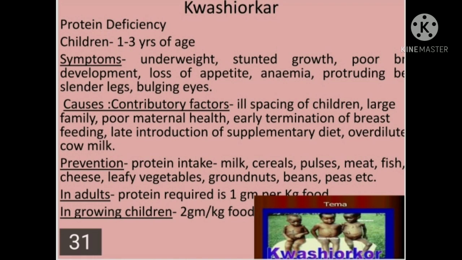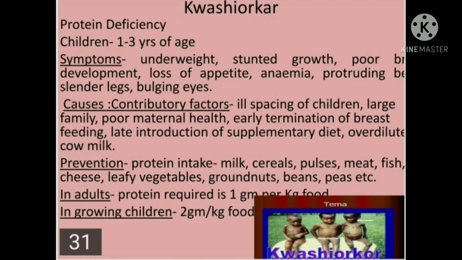What is there under the kwashiorkor nutritional disorder? Basically it happens due to protein deficiency, or you can also say due to the lack of protein, and it occurs in children of 1 to 3 years of age.